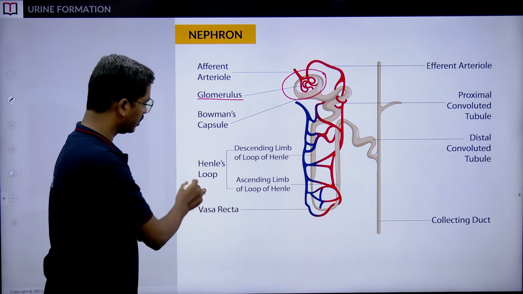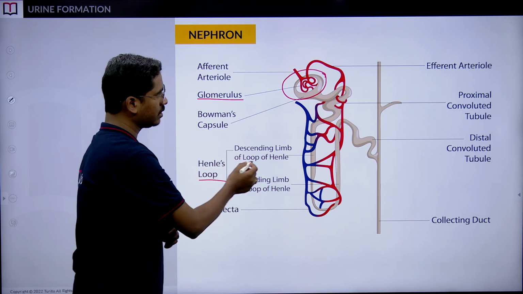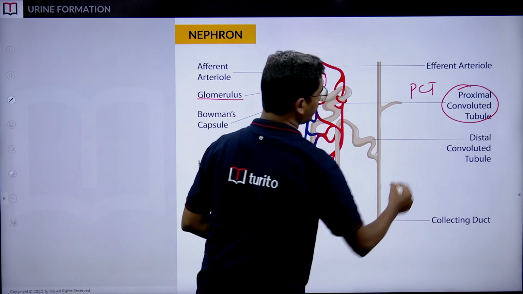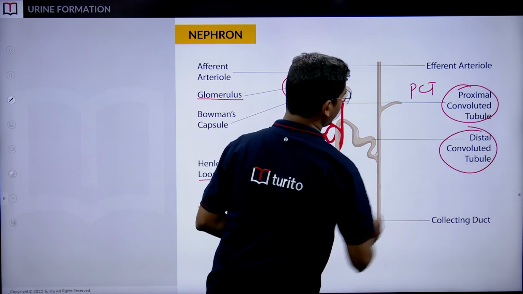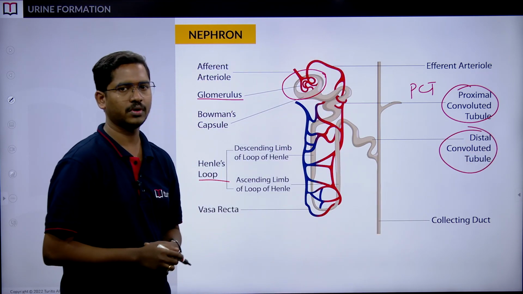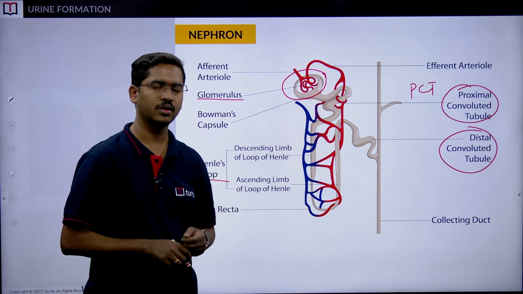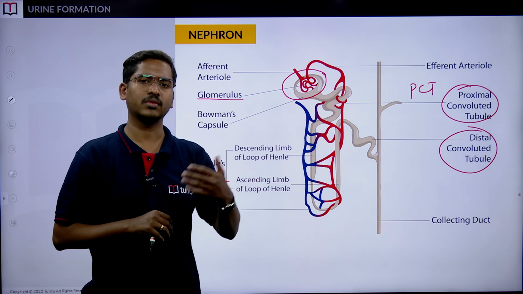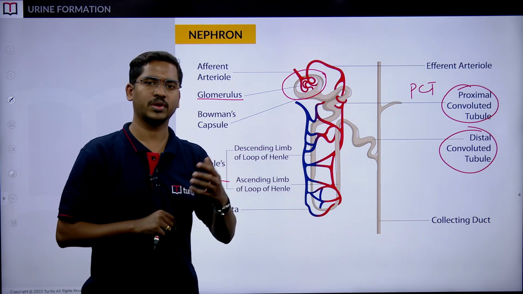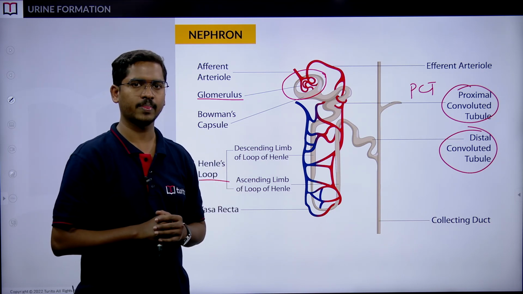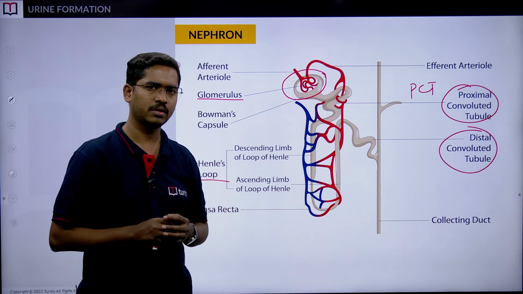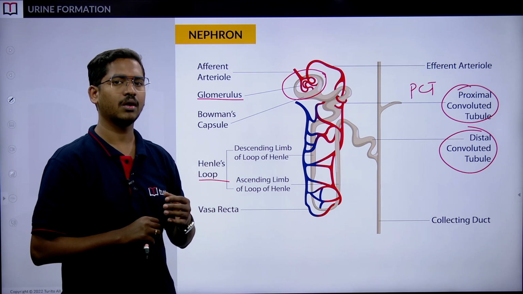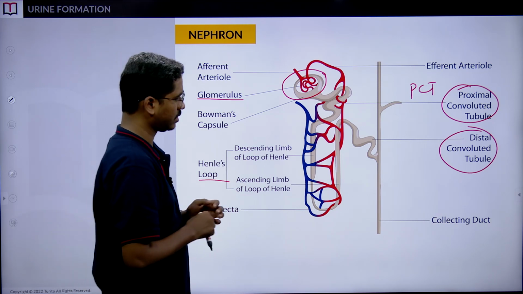You see the Henle's loop and even the proximal convoluted tubule are designed for reabsorption, and the distal convoluted tubule is designed for secretion of some substances, so that it will balance the body fluid nature, that is the presence of the ions, all accounting for pH of the body fluid. Ultimately, it is osmoregulation, okay.